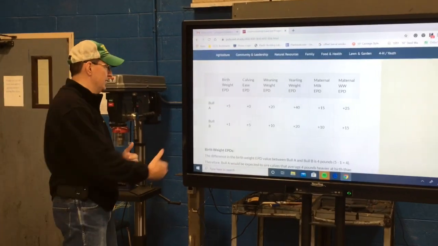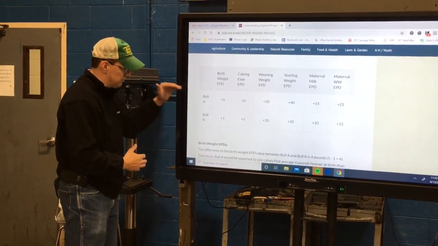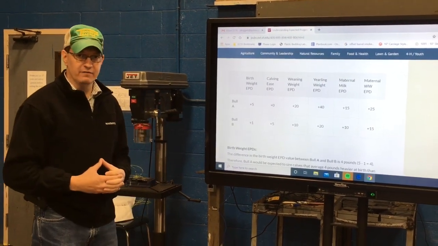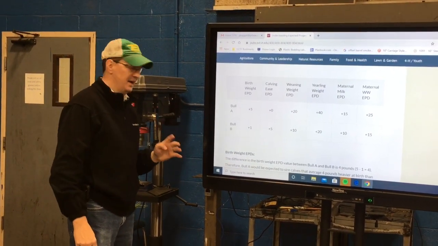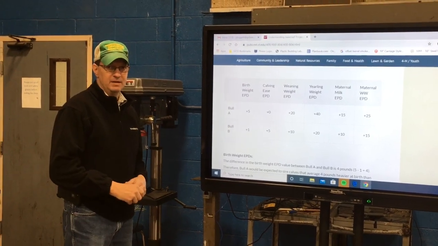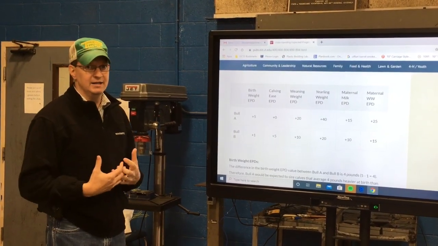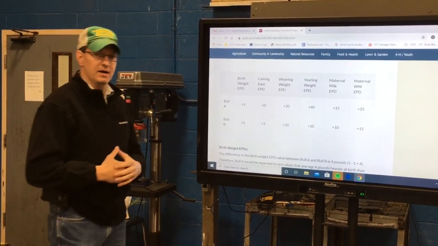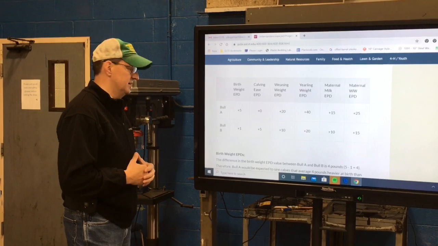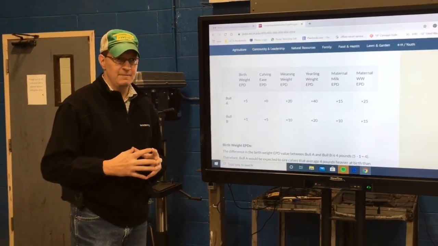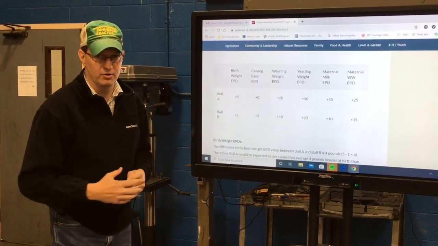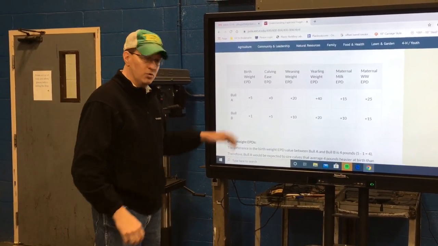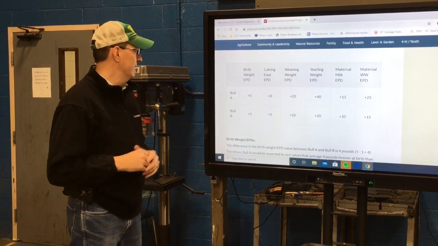So if we are to look at this, Bull A's calves at birth should on average weigh 4 more pounds than Bull B. Now that may not mean a whole lot, but if you really start to think about it, if we're talking about a good sized jump like this, that could mean a lot of difference. Maybe not in the actual birthing part of it, but hey, that's 4 pounds that calf comes out with that Bull B's calf does not on average.